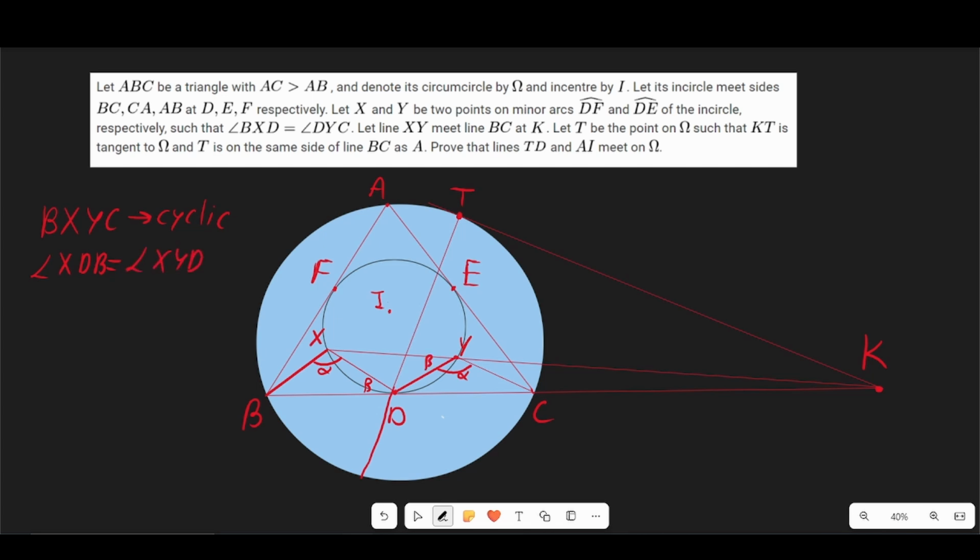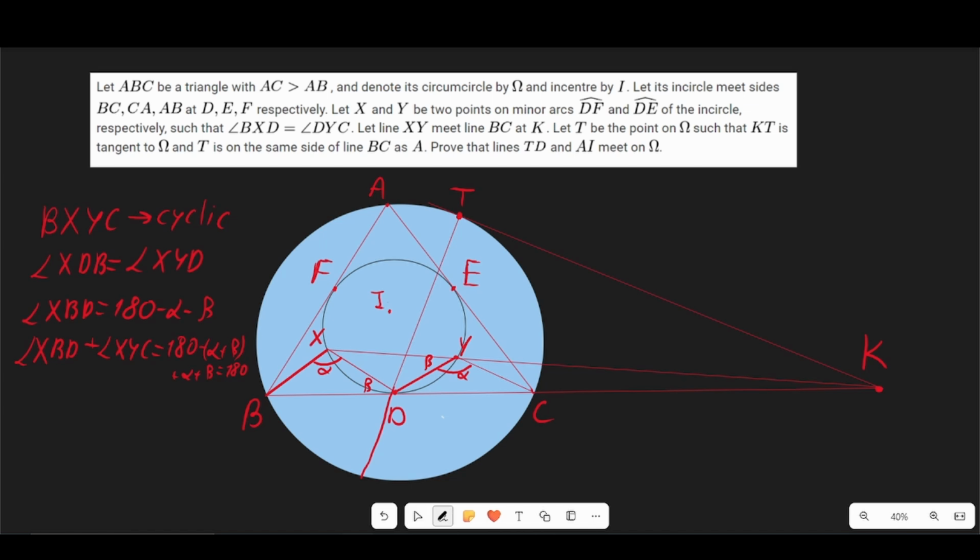And if we want to compute angle XBD, this would be 180 minus alpha minus beta. Now let's look at angle XBD plus angle XYC. This would be 180 minus alpha minus beta plus alpha plus beta, and clearly this is 180. This means that BXYC is cyclic.